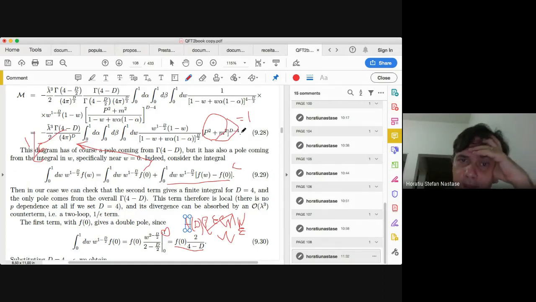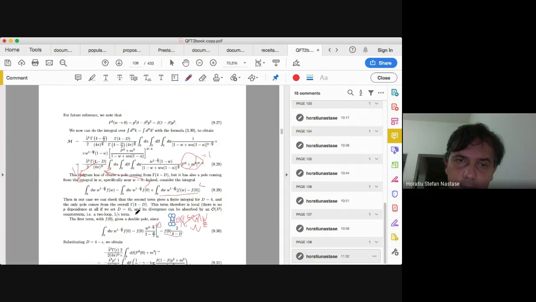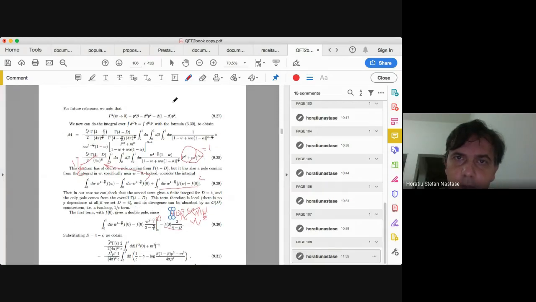Remember, this integral is finite. If I put d equal to 4, then this is equal to 1, and I'm left with just a constant, an integral over w.